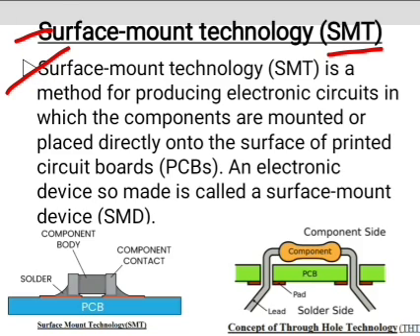Surface mount technology is a method for producing electronic circuits in which the components are mounted or placed directly on the surface of the printed circuit board. An electronic device so made is called a surface mount device, SMD.